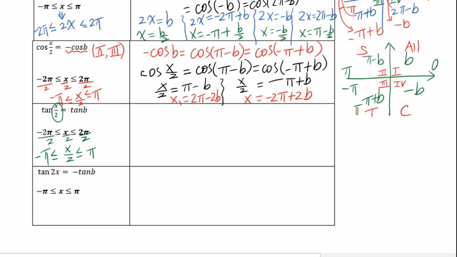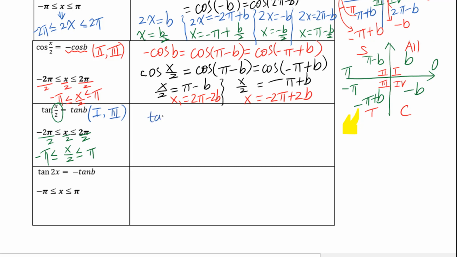So we will use the same diagram here. Since tangent b is positive, this goes to the first and then the third quadrant.